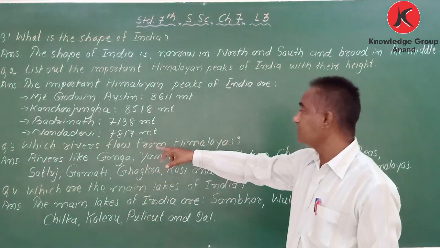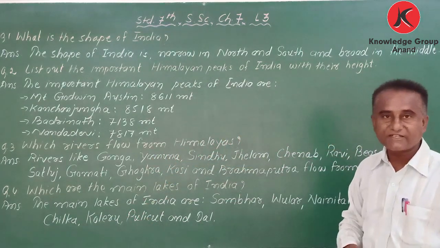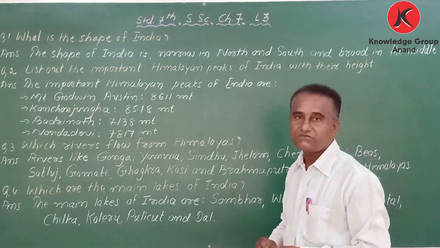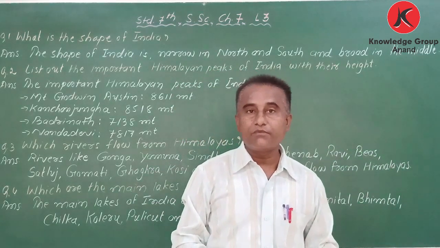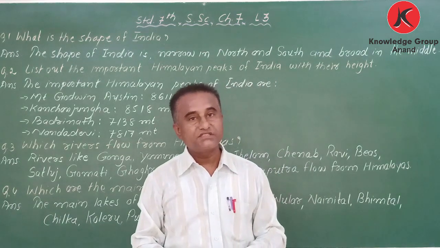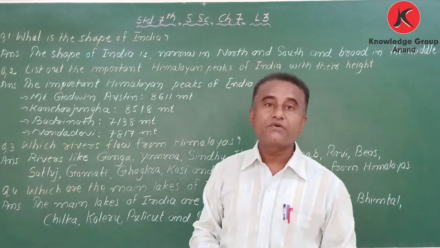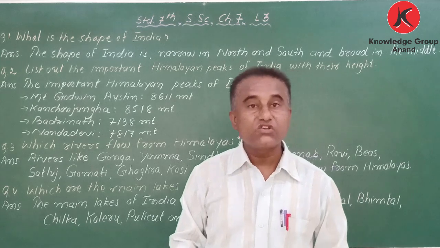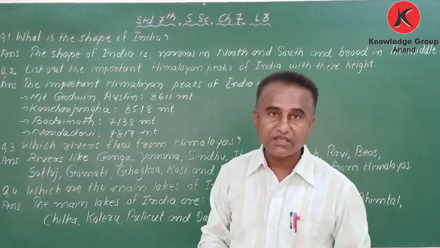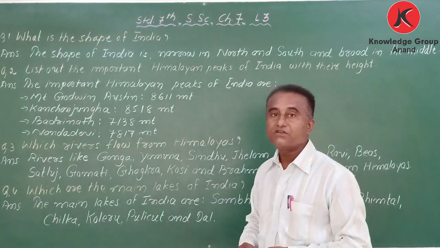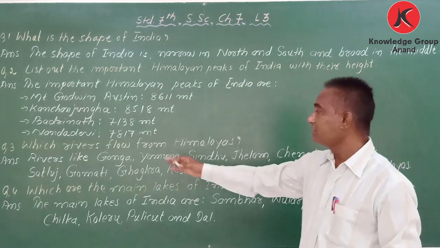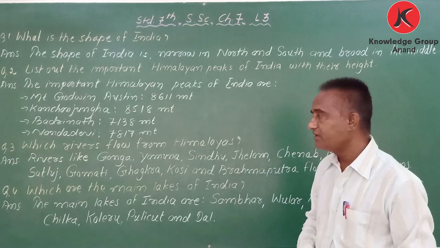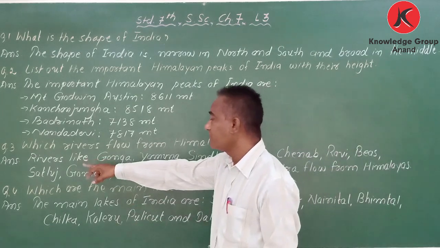Answer: the rivers like Ganga, Yamuna, Brahmaputra, Sindhu, Jhelum, Chenab, Ravi, Beas, Satluj, Kosi, Gandak, Ghagra. So many rivers are there. They flow from the Himalayas. Here I have written the answer.